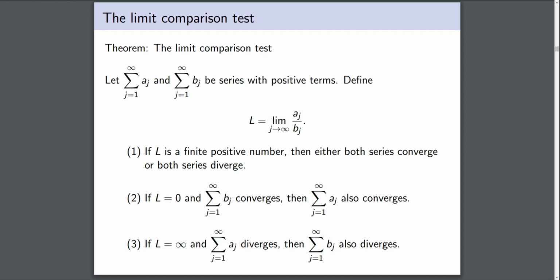There's a final case: if the limit is infinity, and we know that the series on top diverges, then that proves that the series on the bottom also diverges. Okay, notice the order that we're putting the series into the fraction in cases 2 and 3. That's going to be important when we do a couple examples.